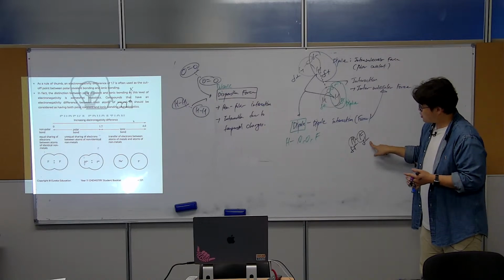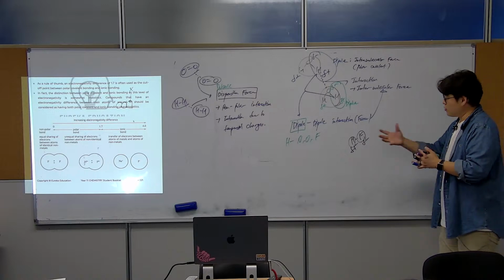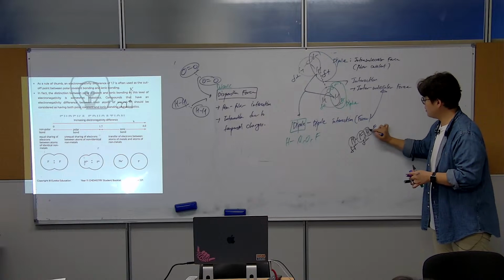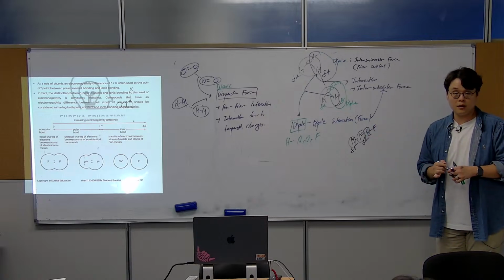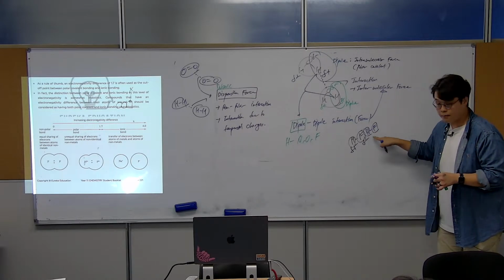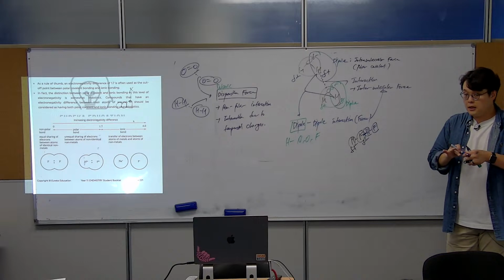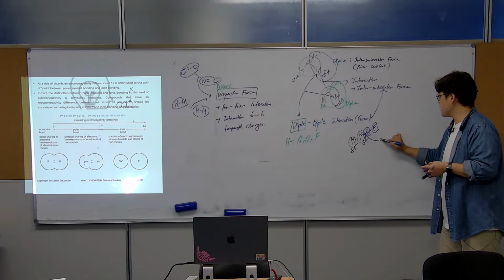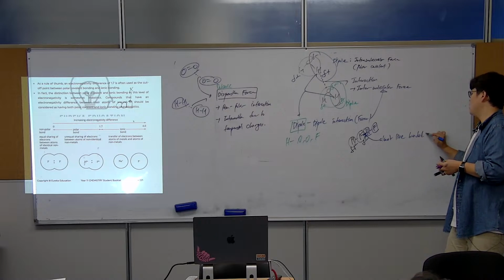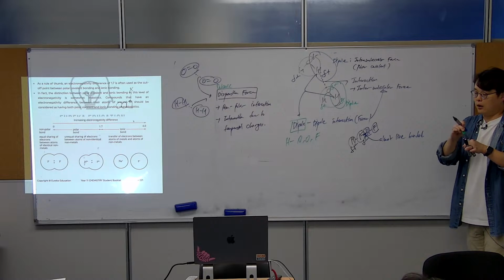Because the partial negative charge is so great, it almost grabs the hydrogen on the other side and forms a bonding. They're not really bonded because they are separate molecules. They are not really covalently bonded, but you can see that these two are almost like bonded.